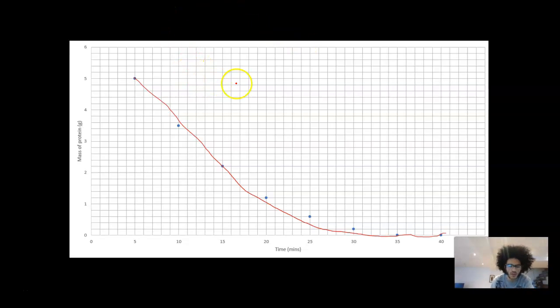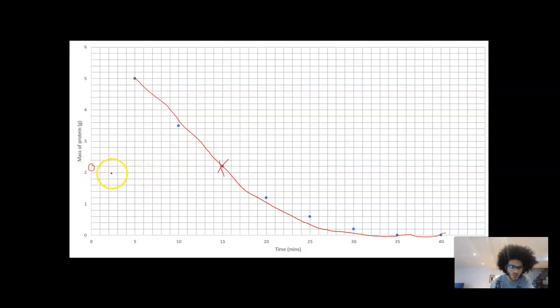Now, the important thing here is I can't really do the same calculations as before, the rate at a particular point. Because, for example, if I'm doing the rate, let's say here, at 15 minutes, the rate at 15 minutes is going to be, well, the mass of protein which you've got left over, which is 2.2.